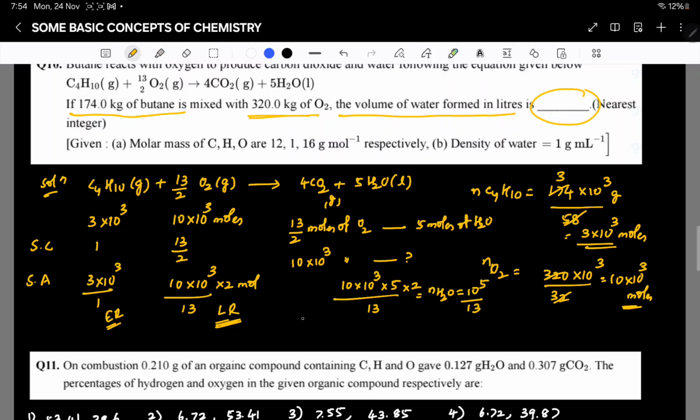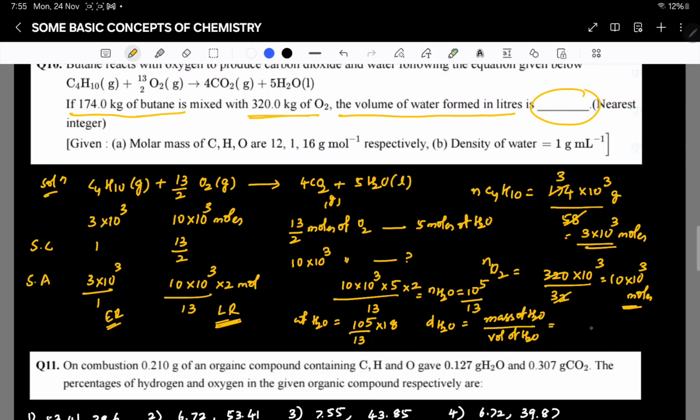Now, student, the weight of H2O is equal to the number of moles into molar mass. So 10 to the power of 5 by 13 into 18. So this is the weight of H2O. Now, but he is asking, student, what is the volume of water formed in liters, right? So now, student, the density of water is equal to mass of water divided by volume of water, right?